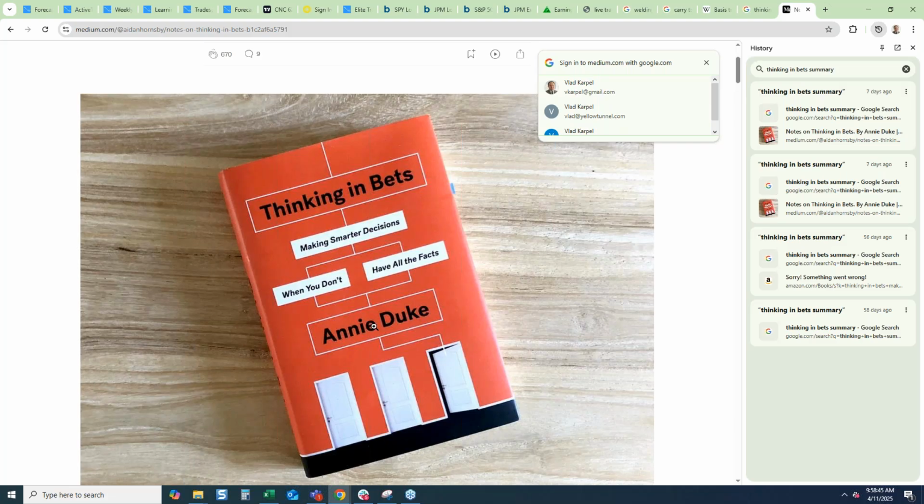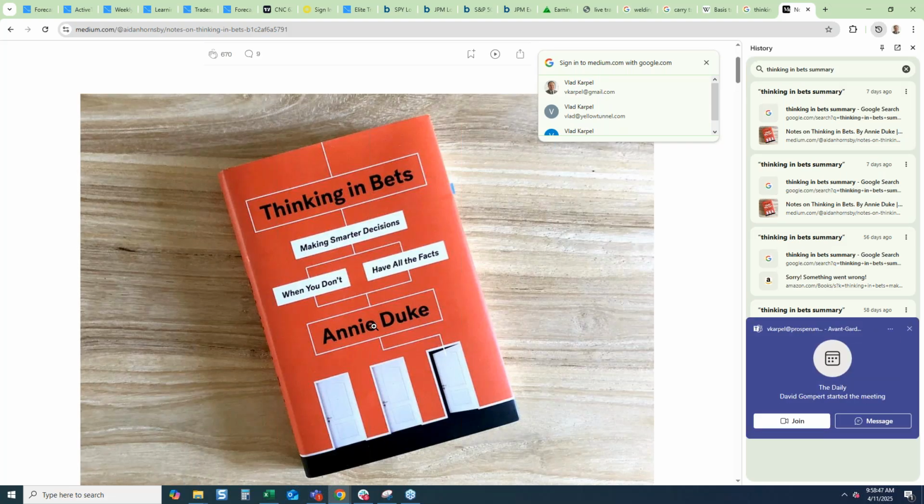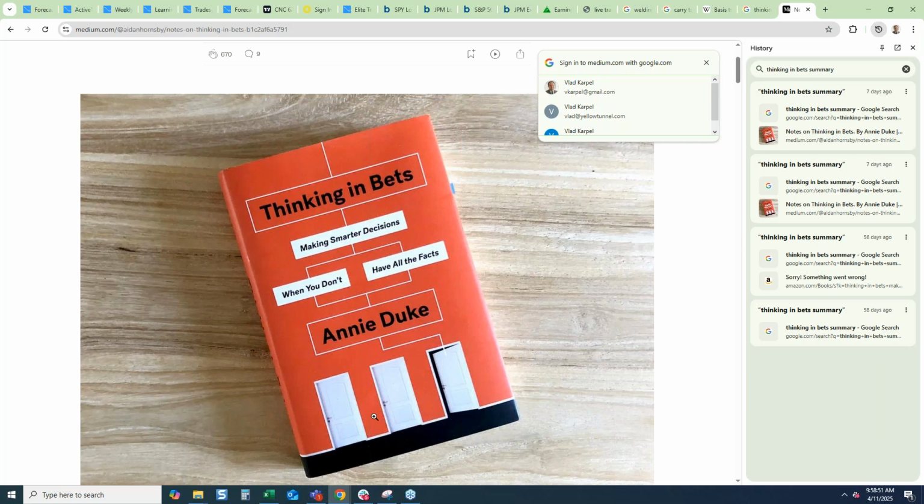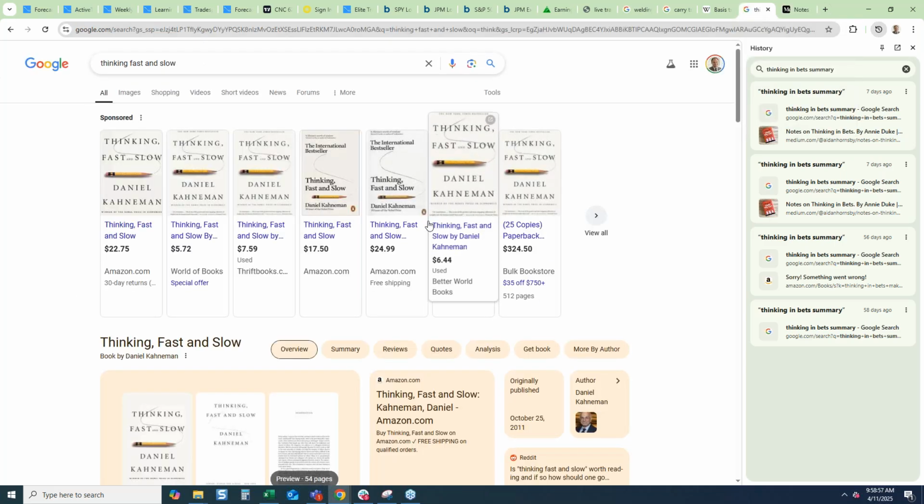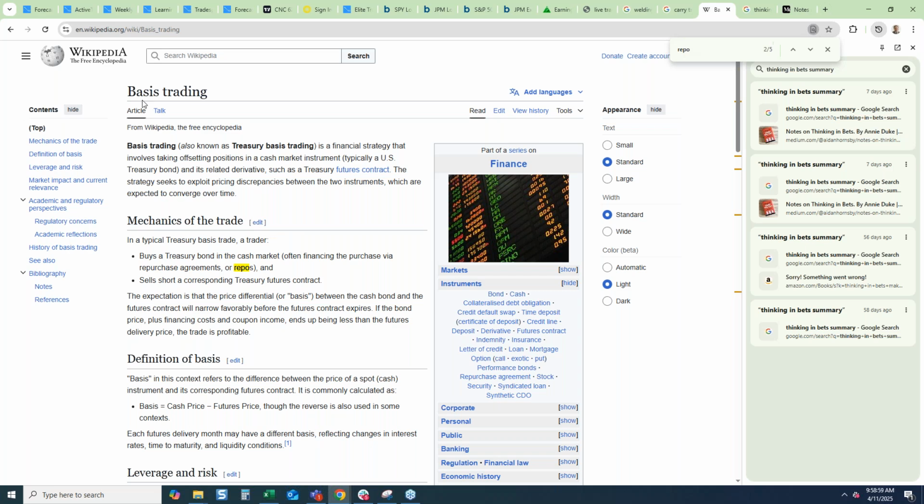So this is a great book. She's a PhD in psychology. She's a friend of Daniel Kahneman, and that's something that I would do as homework. Read these books, catch up on basis trading, and some of the consequences. And that's all I have for today.